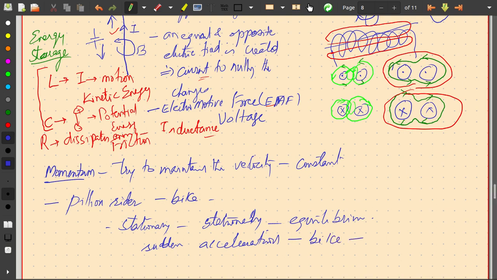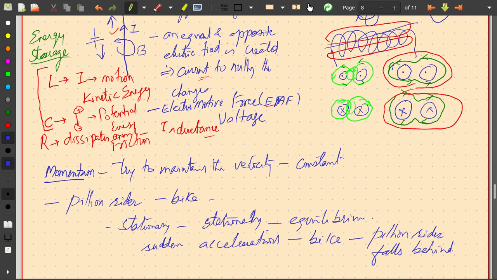Now what would happen? Definitely, the pillion rider cannot follow the position of the bike, as the bike suddenly gets accelerated due to the force produced by the engine by burning the fuel and all that, and the momentum of the pillion rider will not allow sudden changes, and hence the pillion rider falls behind.